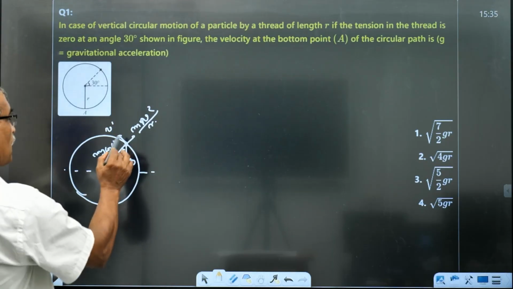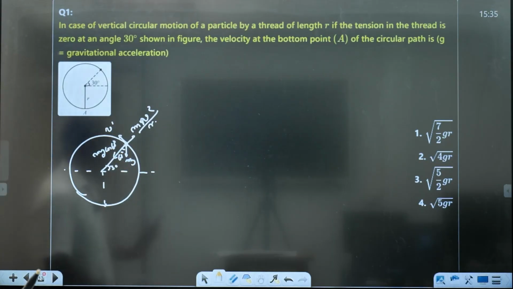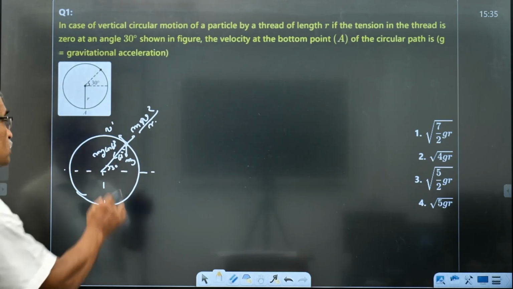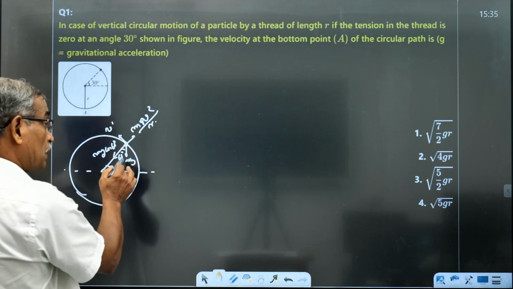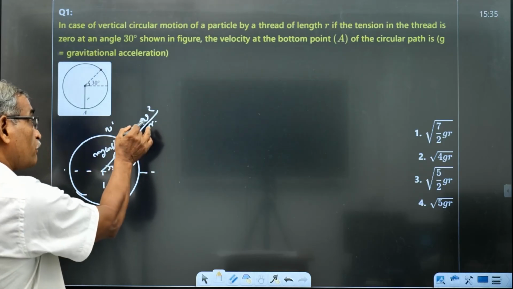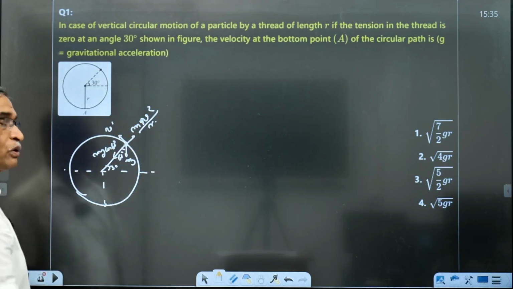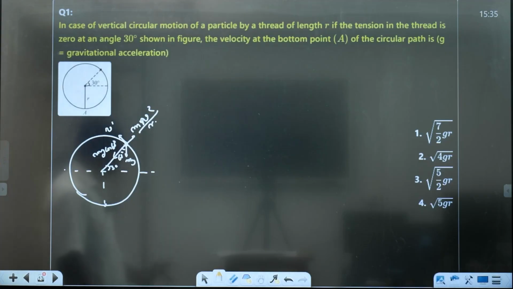Here the body does not apply any action at this point because the tension on the string is 0. Tension is given by mv squared by r minus mg cos 60. That is the tension, but the tension is 0.